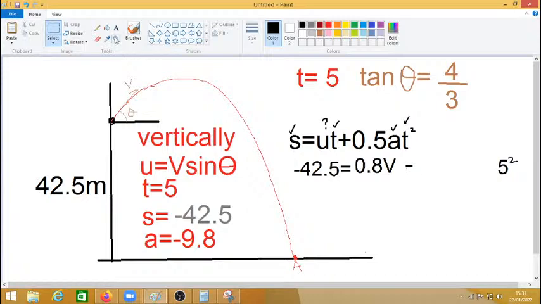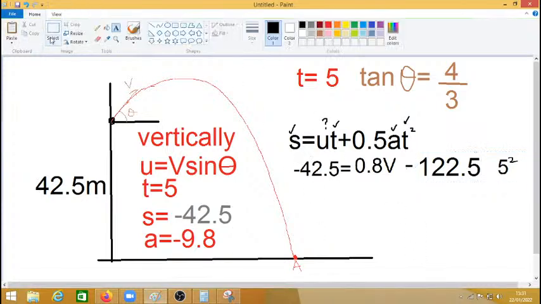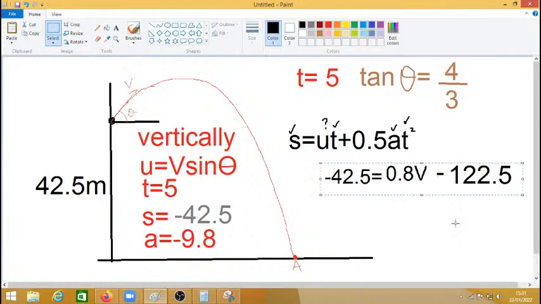So I can take the minus 122.5 to the other side as a plus.